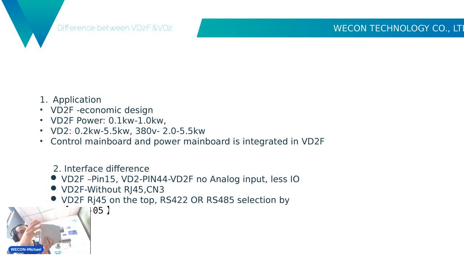And here you can see this is the VD2B. VD2B is bigger than the VD2A in size. VD2B is for large power servos, and because it is large power, it is bigger.